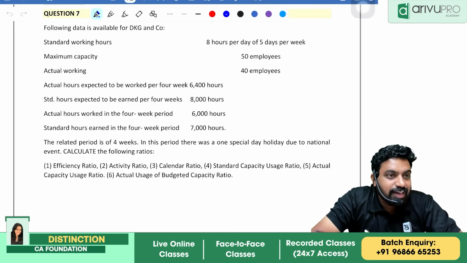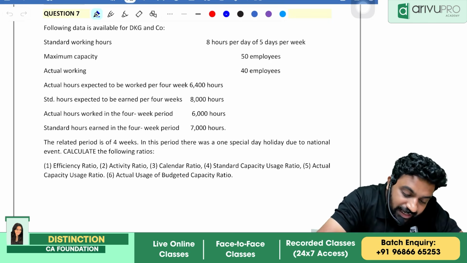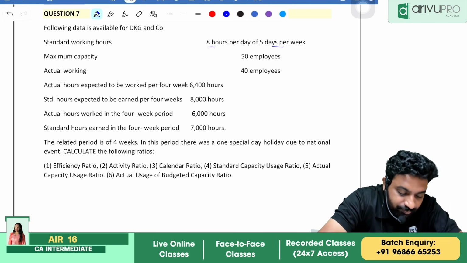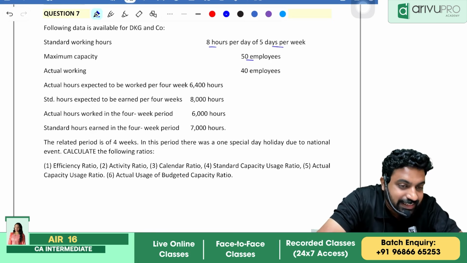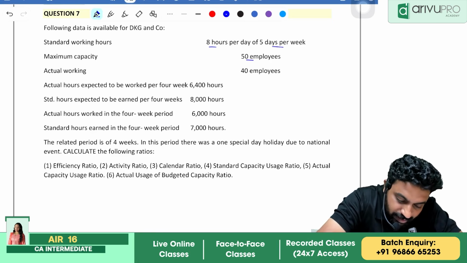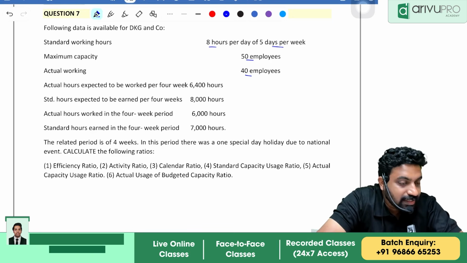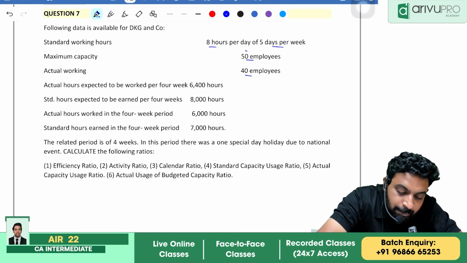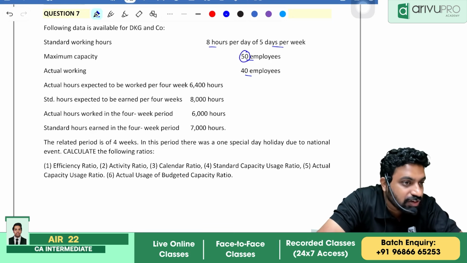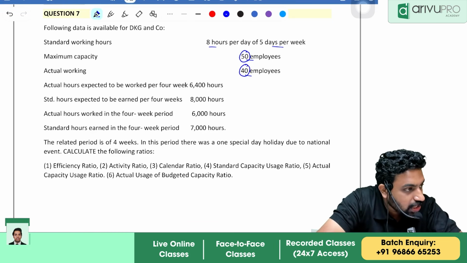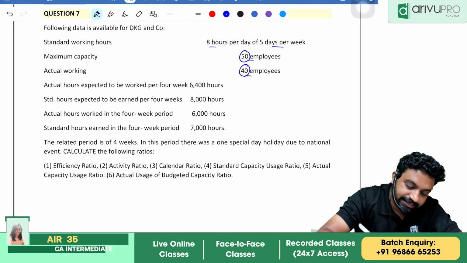Following data is available for DKG and Co. Standard working hours are 8 hours per day, 5 days per week. Maximum capacity is 50 employees, whereas actual workings are 40 employees. That means your maximum possible is computed on the basis of 50 workers. Budgeted will be computed on the basis of 40 workers.